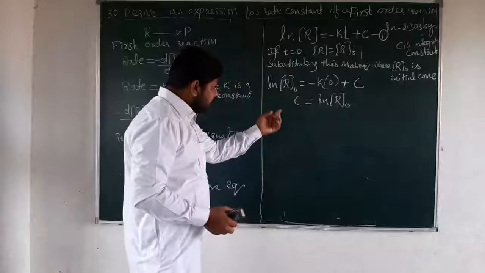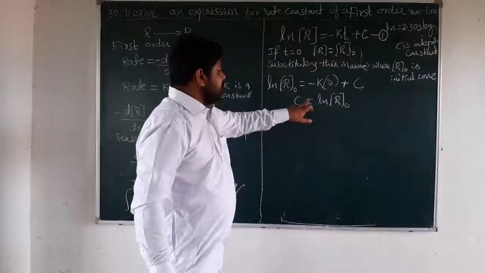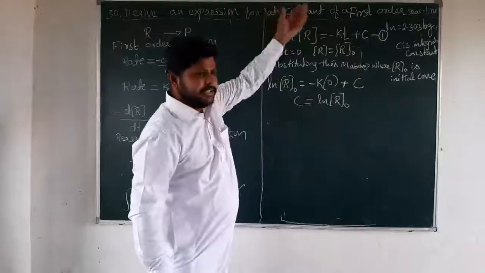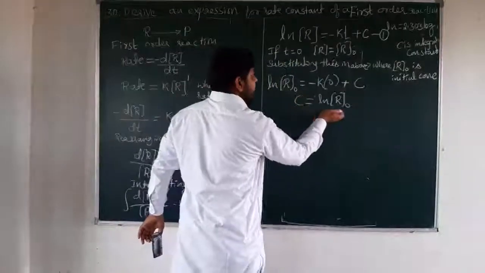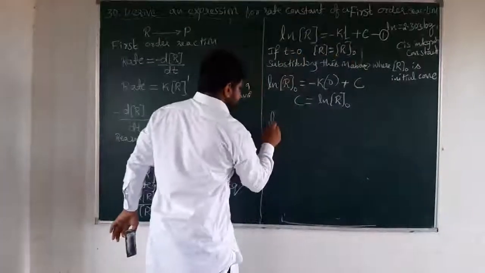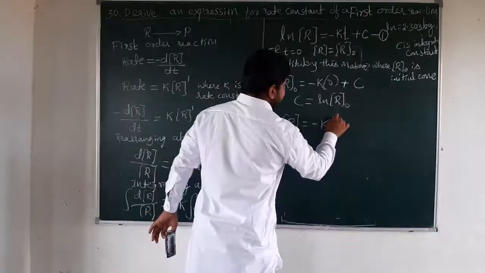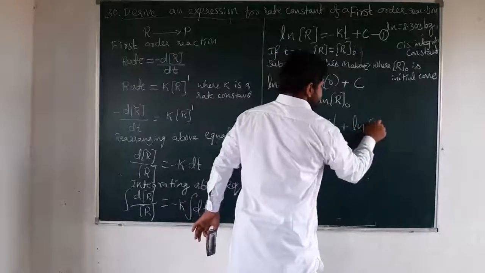So c equals ln R naught. Substituting the value of c in equation 1, we get ln R equals minus Kt plus ln R naught in the place of c.